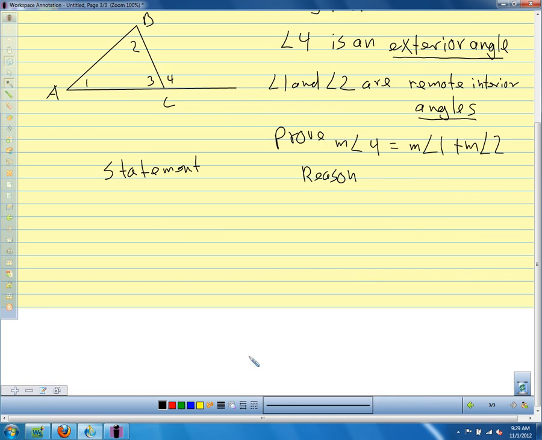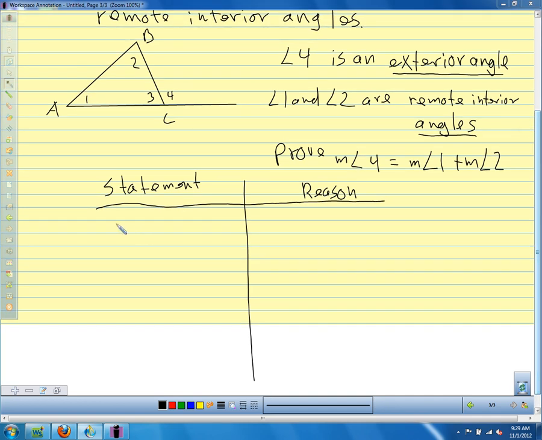All right, so here's our proof. All we're given here is that angle 4 is an exterior angle. Now, what do we know about the measure of angle 3 and the measure of angle 4? They add up to 180.